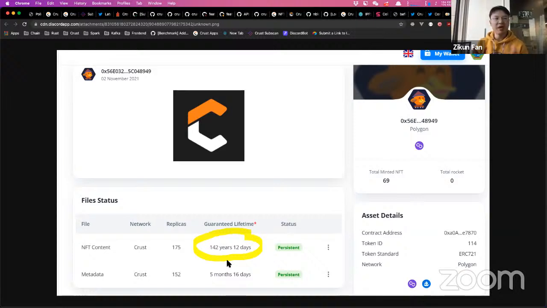Because in the metaverse, you don't want to store a virtual shed for over 200 years, right? So you can customize this. We open this interface to the users. I think that's the coolest function, from my personal view.